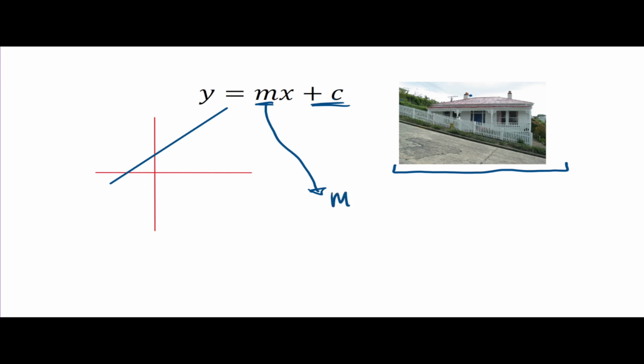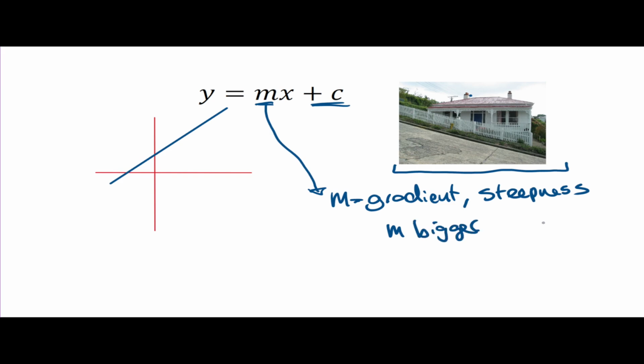So m is the gradient, the steepness of the line. So as m gets bigger, the line gets steeper.